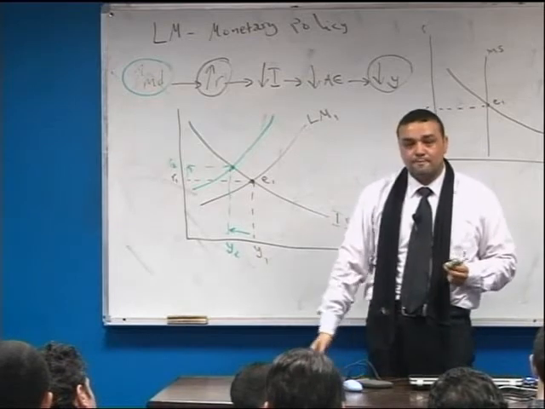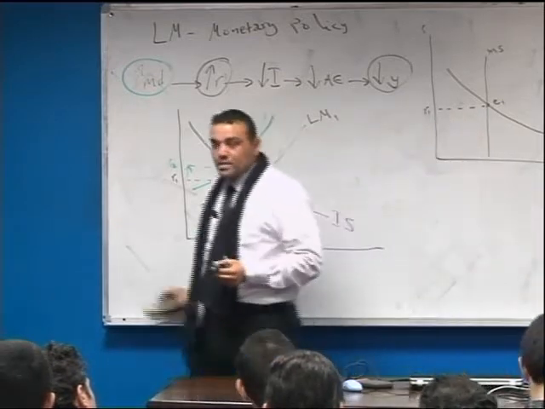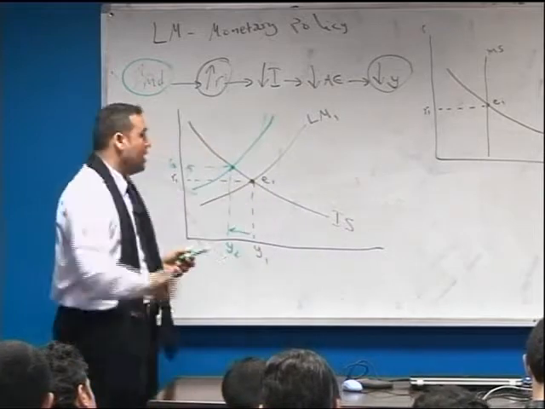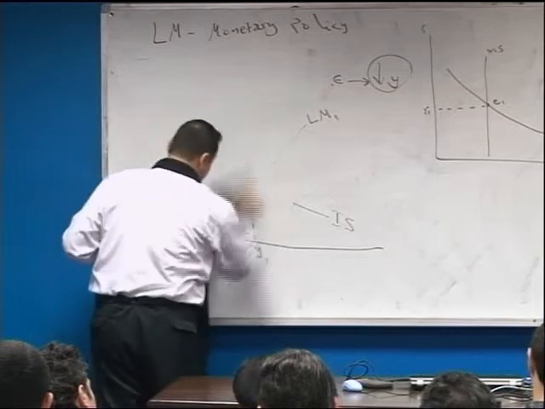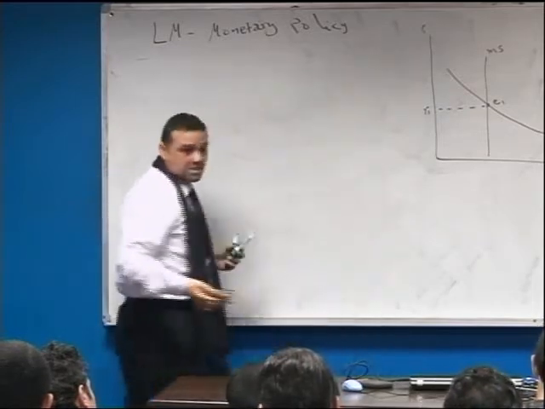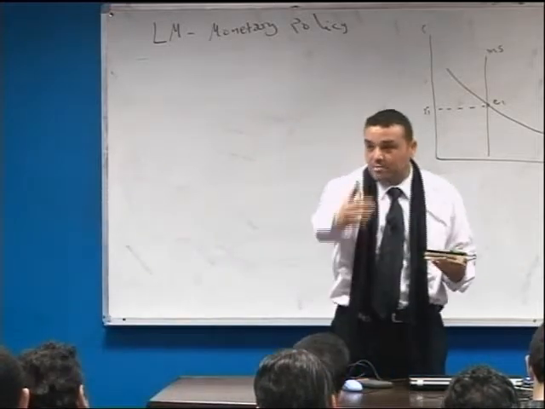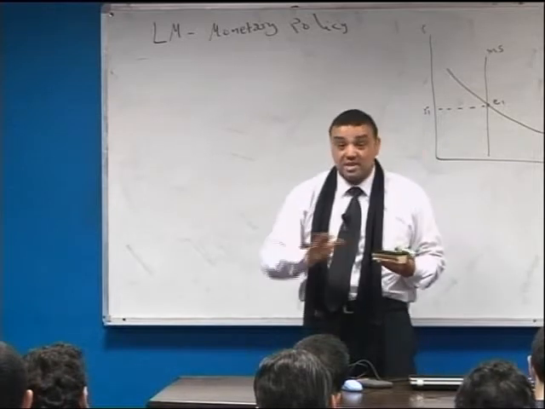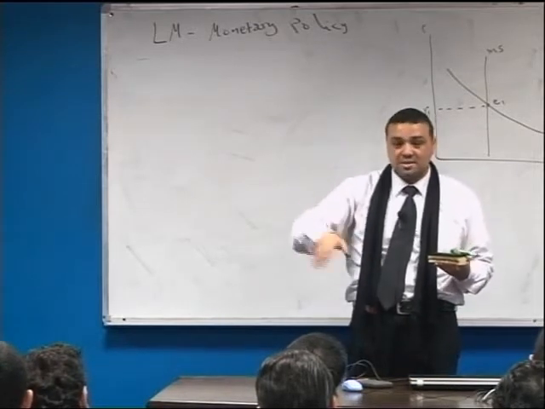Suppose we used a mixed policy with expansionary fiscal with expansionary monetary. Y would increase in all cases, but R would be ambiguous, depending on which effect is larger.